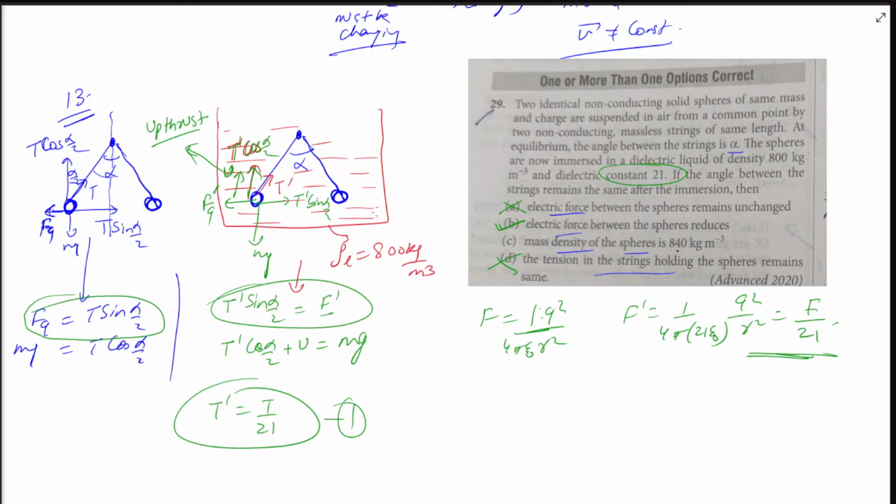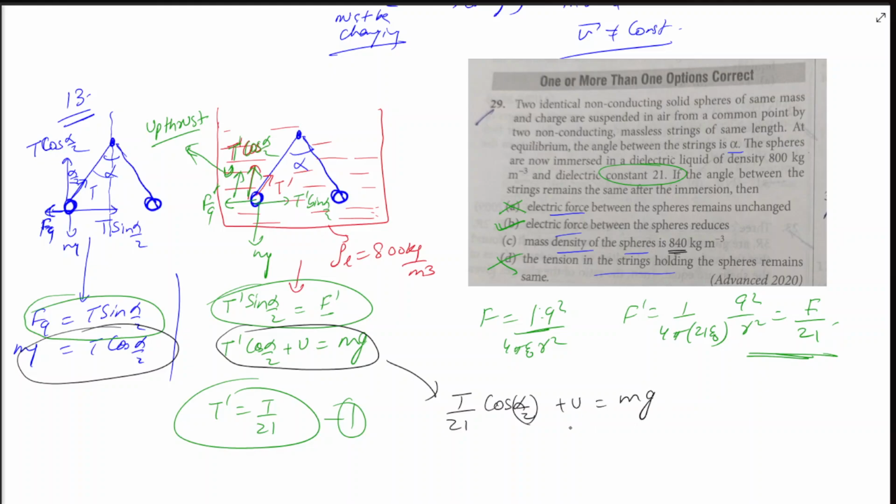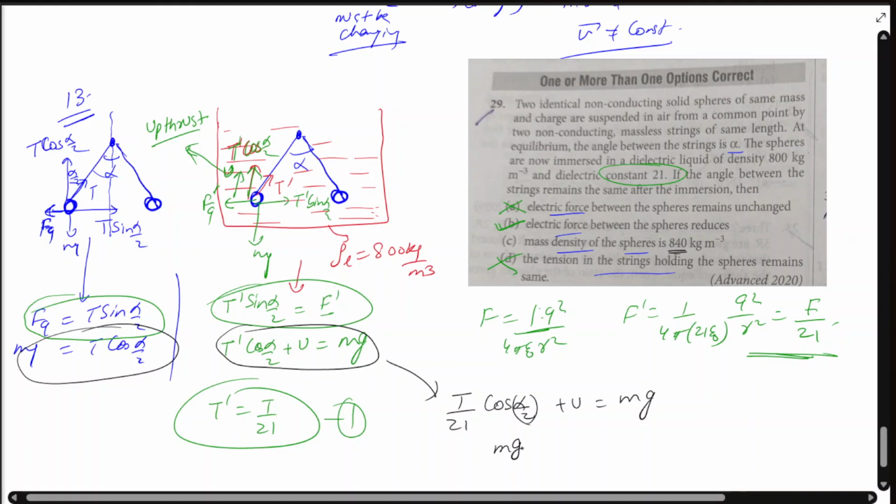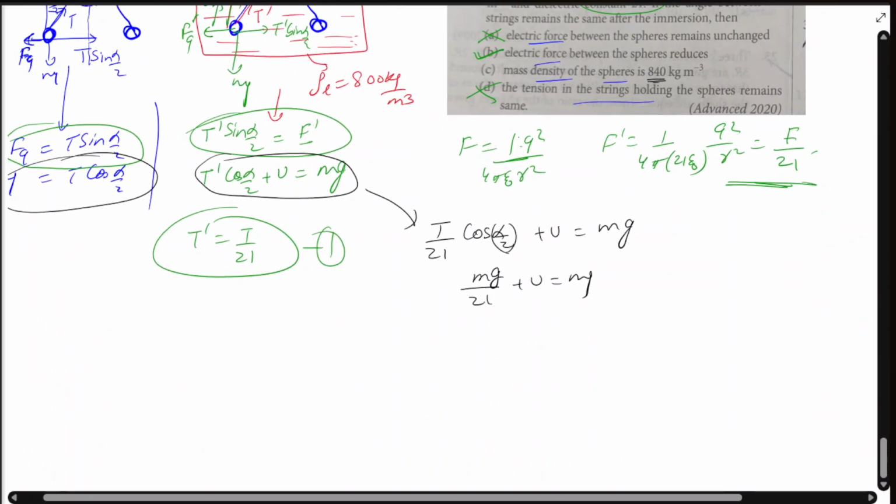Next, mass density of the sphere is 840. We equate this equation and this equation. T dash was T by 21, so T by 21 cos alpha by 2 plus upthrust will be equal to mg. T cos alpha by 2 is mg, so mg by 21 plus U equals mg. U will be 20 mg by 21.